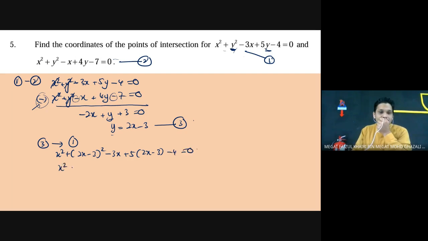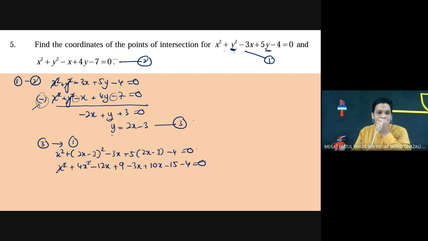So then x squared, 2x times 2x, 4x squared, 2x times 3, negative 6, another negative 6, negative 12x, negative 3 times negative 3 equal to 9, minus 3x plus 5 times 2x, 10x, 5 times negative 3, minus 15 minus 4 equal to 0.